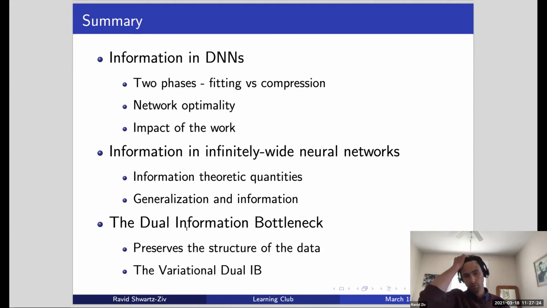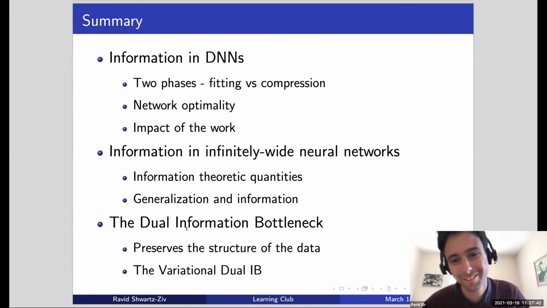And at the end, we talked about the dual information bottleneck that preserves the structure of the data if you have an exponential family distribution, and we saw how we can apply it to deep neural networks. That's it. Questions?